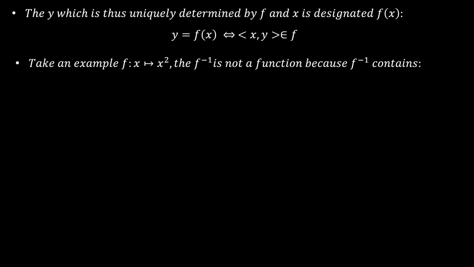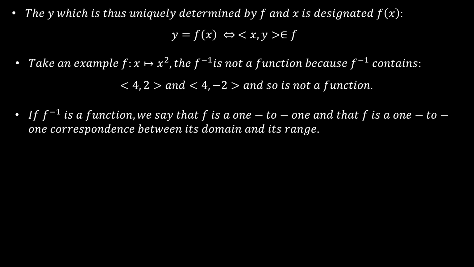Let's take an example, f that transforms x to x squared. Then the inverse is not a function because f inverse contains (4, 2) and also (4, -2), and so is not a function. If f inverse is a function, we say that f is one-to-one, and thus f is a one-to-one correspondence between its domain and its range.